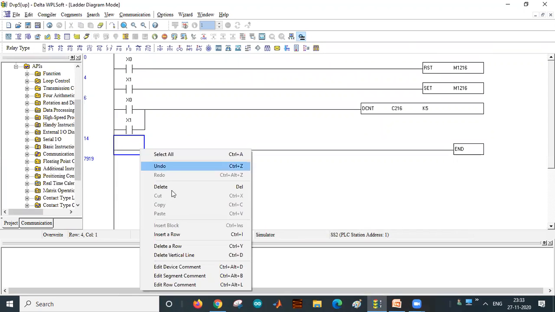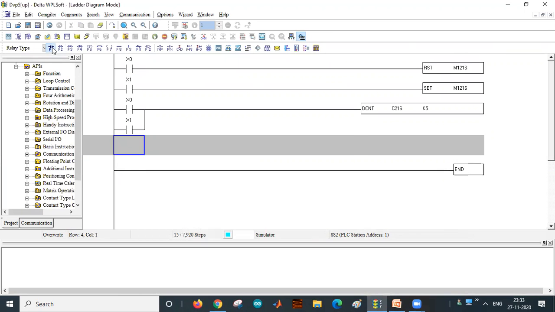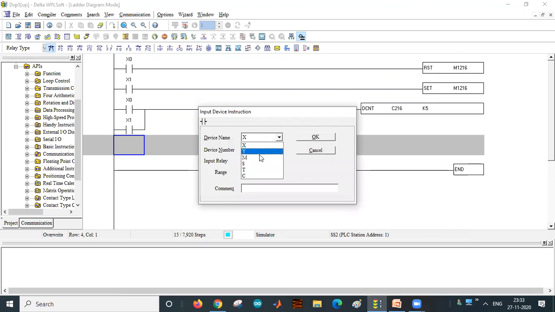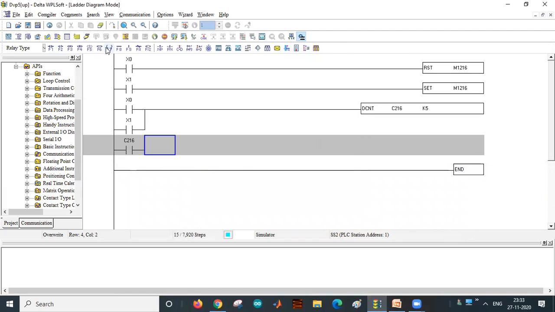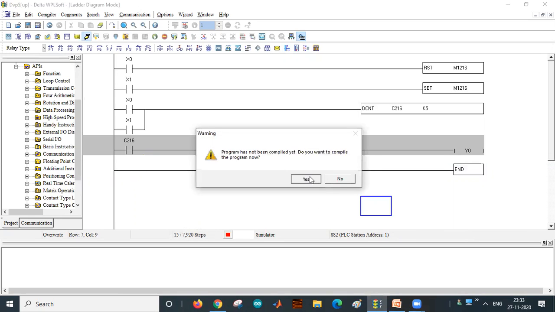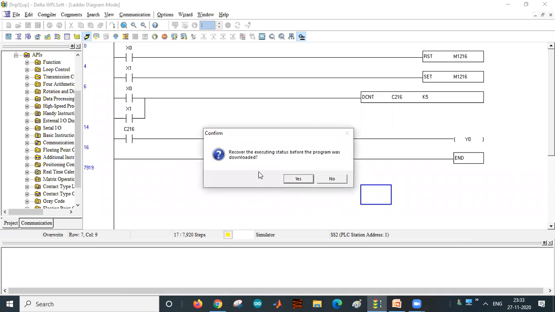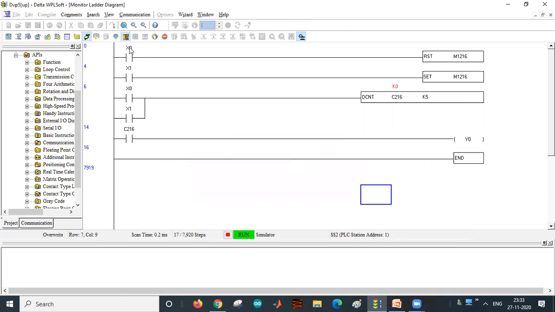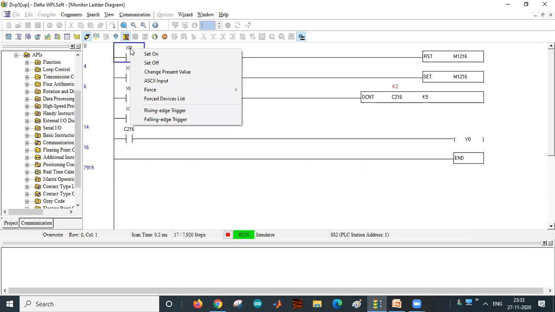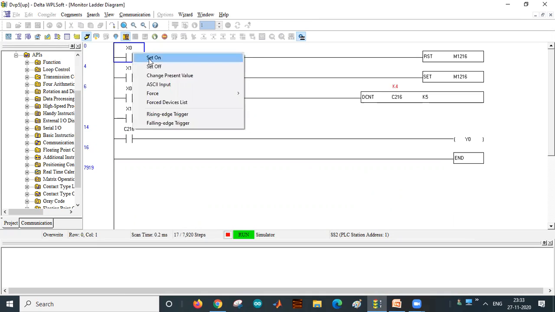Whenever the value 5 is reached, then Y0 has to be on now. So that also you should write. Whenever C216 reaches 5, then Y0 has to be on. Okay, 1, 2, 3, 4, 5.